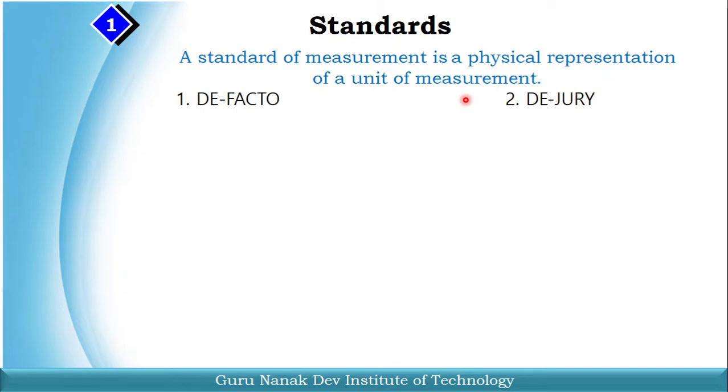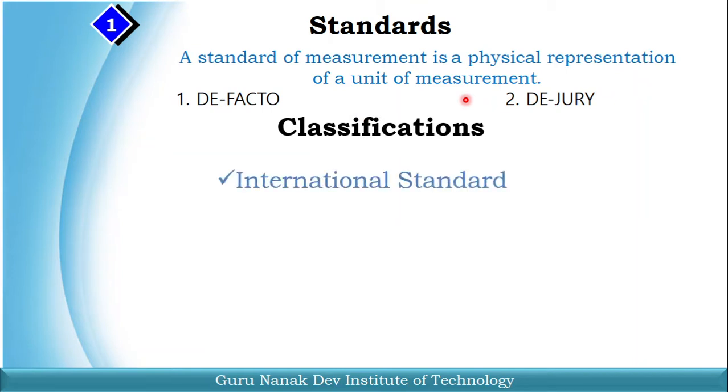Now certain classifications of standard. The first one is international standard. International standard is basically maintained by the International Bureau of Weights and Measures, and it is not available to the ordinary user for measurement.